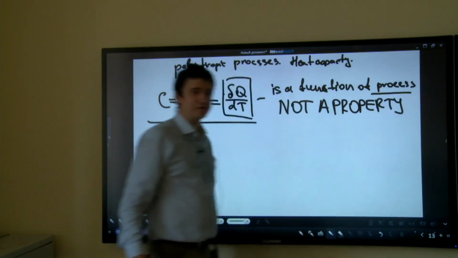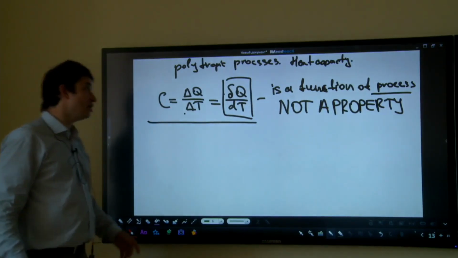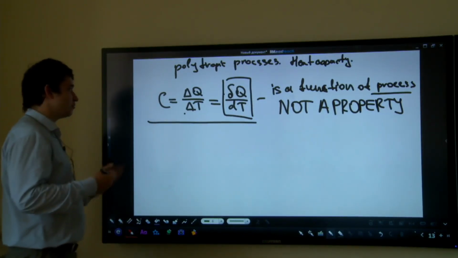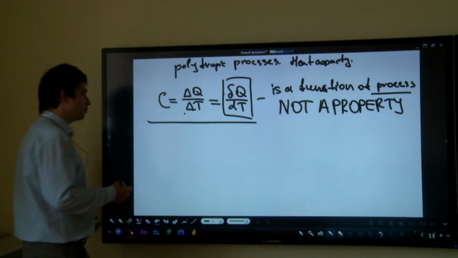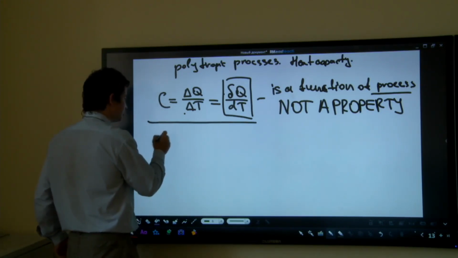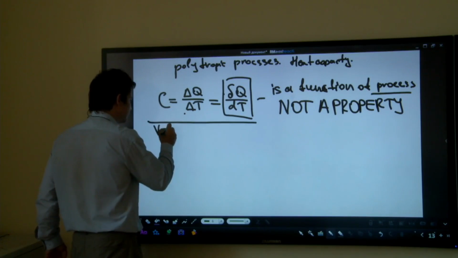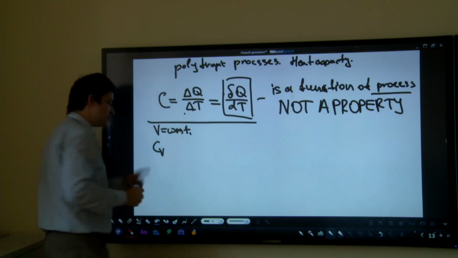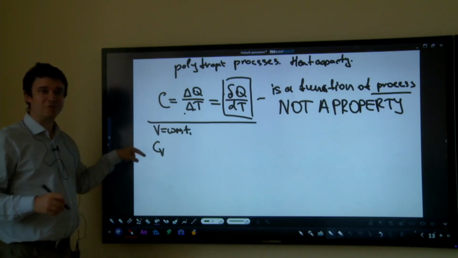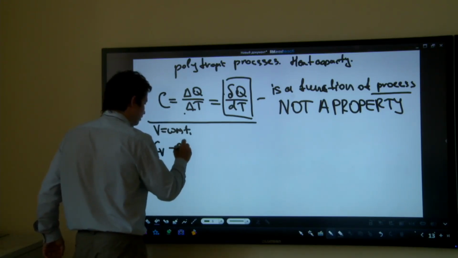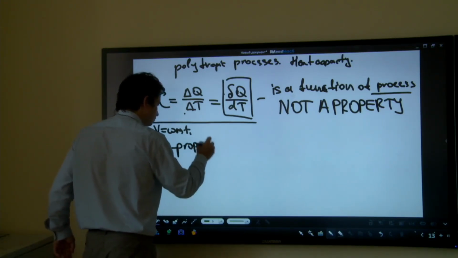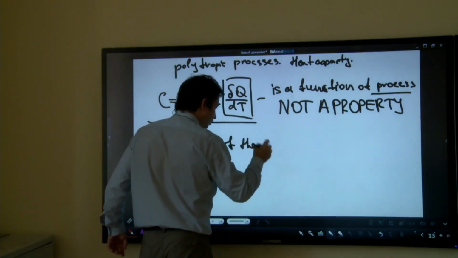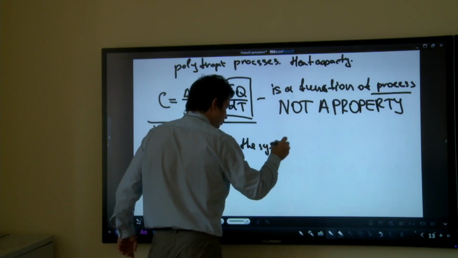Not a property, because it depends on the process. But once you specify the process, you can produce some properties, because once you restrict the process to an isochoric process, V equals constant, then this C_V would be a property of the system which you consider.